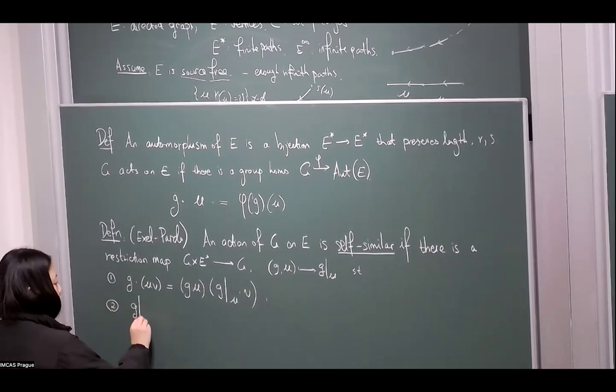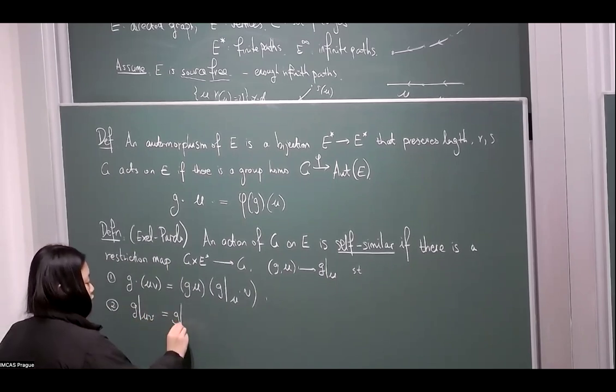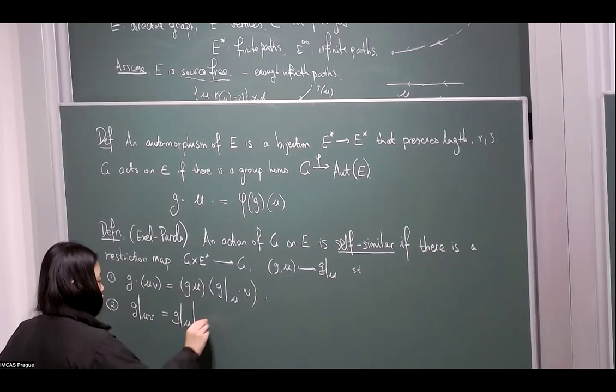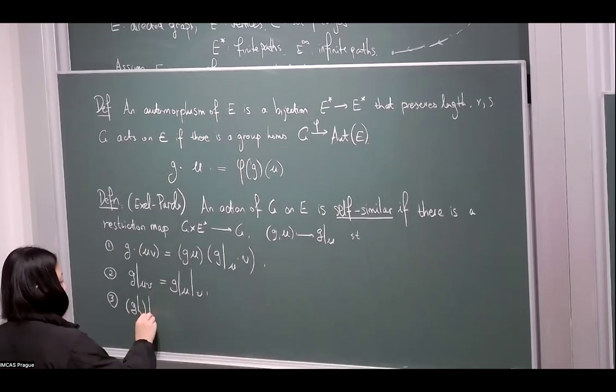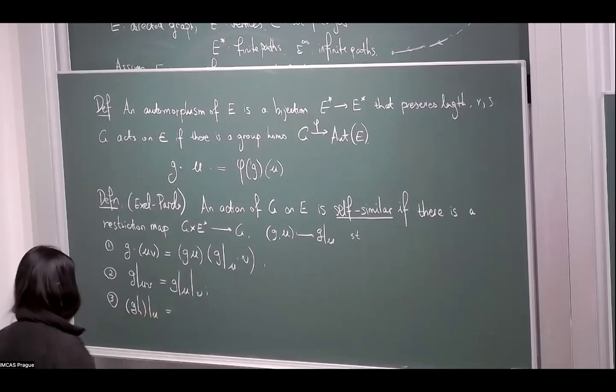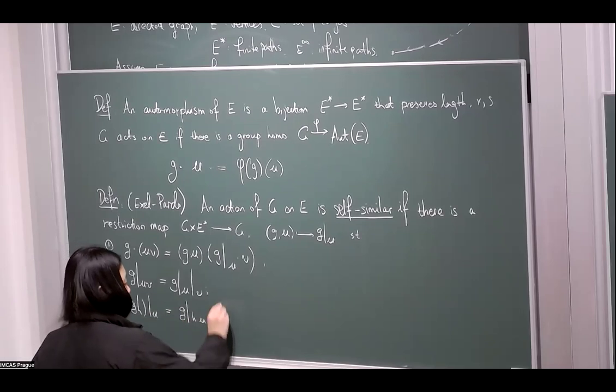So when you restrict to mu nu, it will be the same as if you restrict to mu and then restrict to nu. And if you have two elements G and H multiplied together, restricting GH to mu will be the same as G restricted to H times mu, and then H restricted to mu.